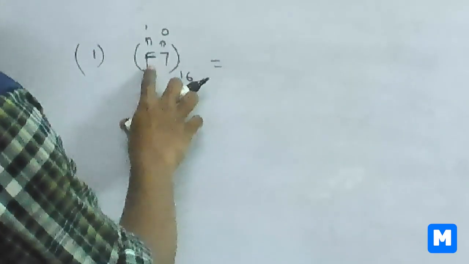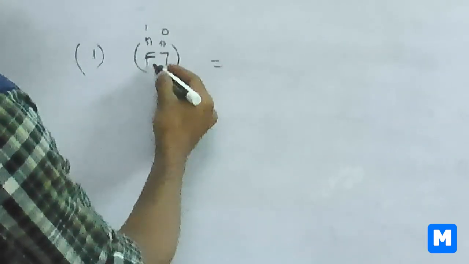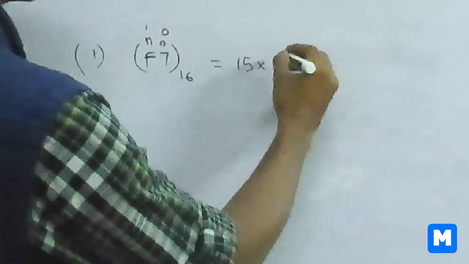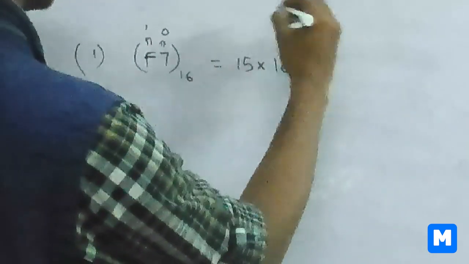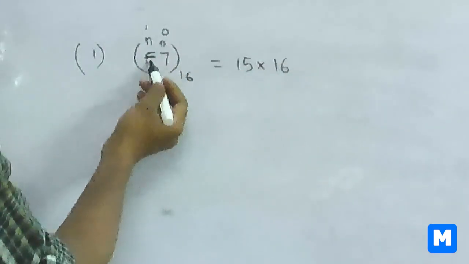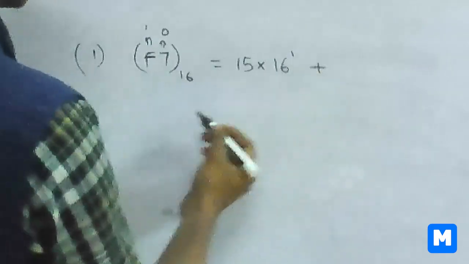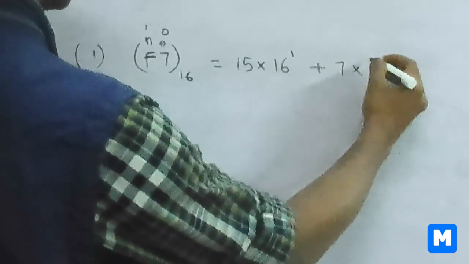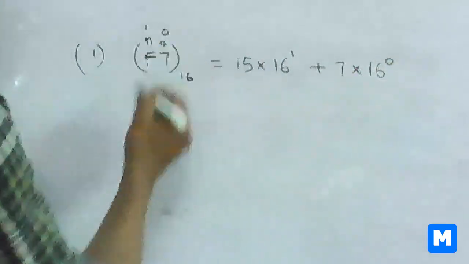Now we take the first digit, its value in the hexadecimal system. F means 15. So our mantissa will be 15 into our base, since we are in the hexadecimal system, 16 to the power of the index. The index for the first digit is 1, so we take it as 1 over there. And we do the same for the second digit. Your value is 7 as mantissa into 16, our base, to the power of the index, which is 0 for 7.